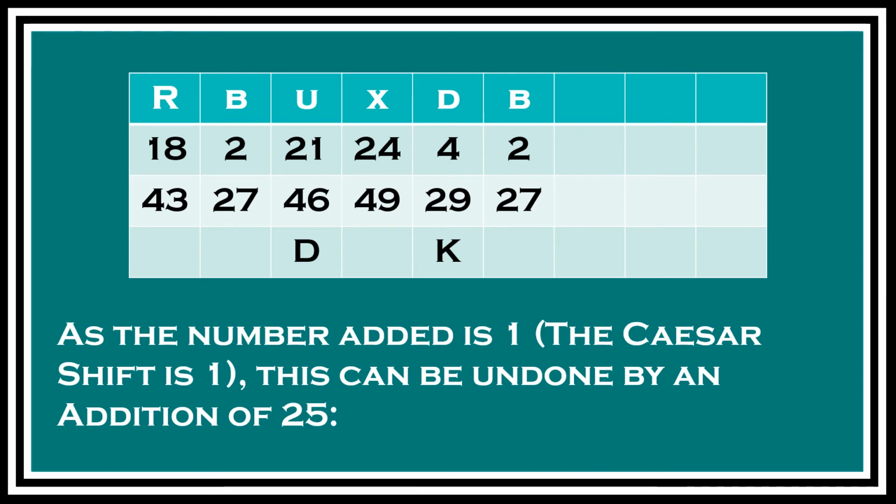So if we add 25 to each of that first row of numbers, we get that second row of numbers. 18 plus 25 is 43. 2 plus 25 is 27, and so on and so on. So we've added 25 there.